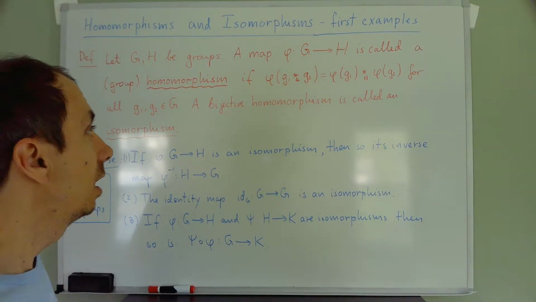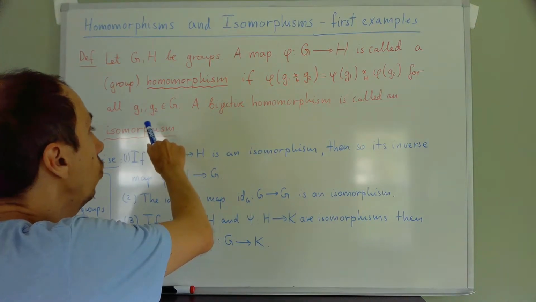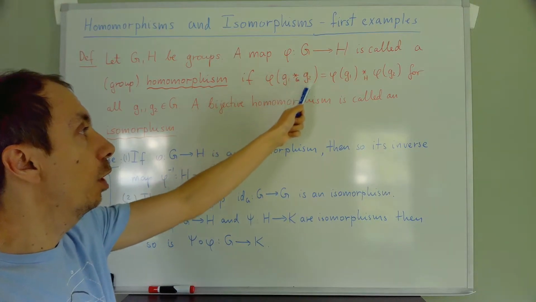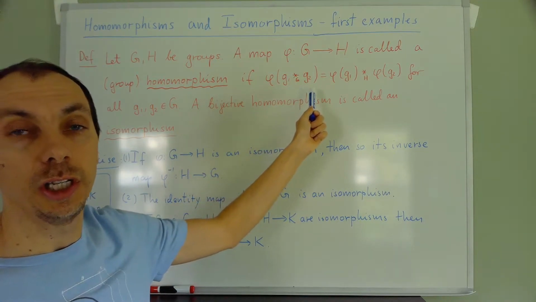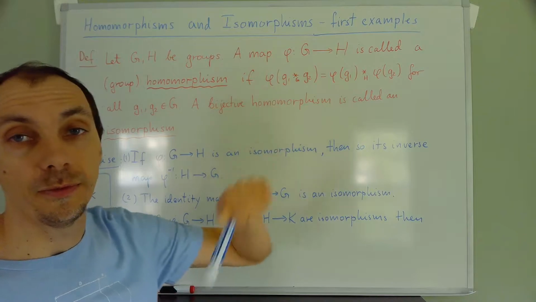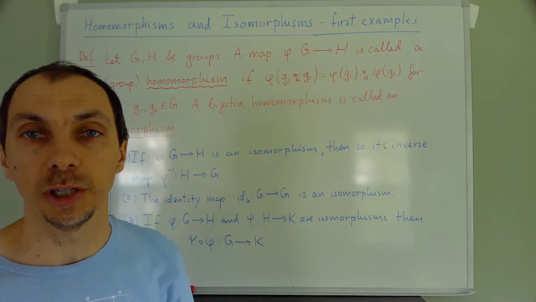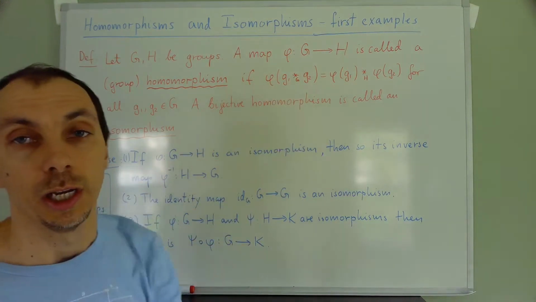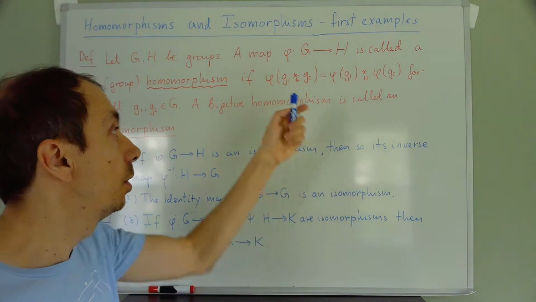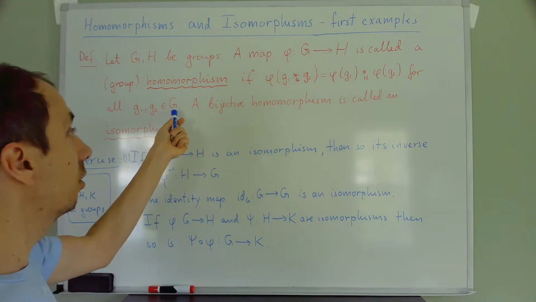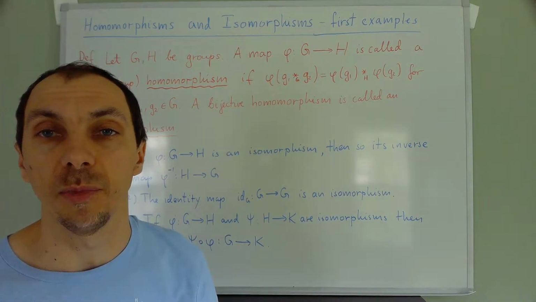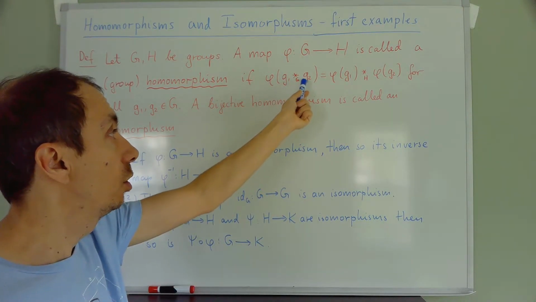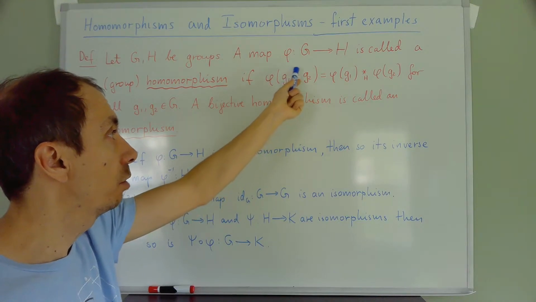What that means is, if I take any two elements g1 and g2 in G, and I apply phi to their product, see, I wrote a little g underneath the star here just to emphasize that that's the binary operation in the group G. Of course, even without me writing that g there, it would have to be the case because both g1 and g2 are elements of big G, so where else could I have multiplied them? But just to emphasize, g1 and g2 are elements of G, so I'm using the binary operation in G.